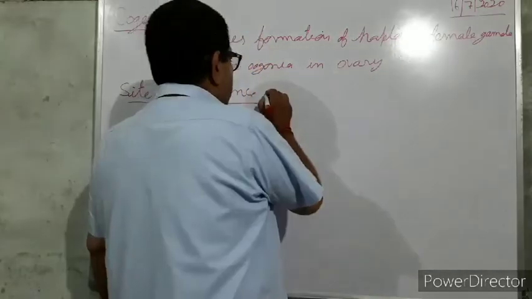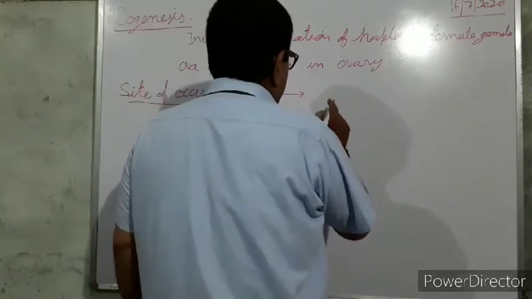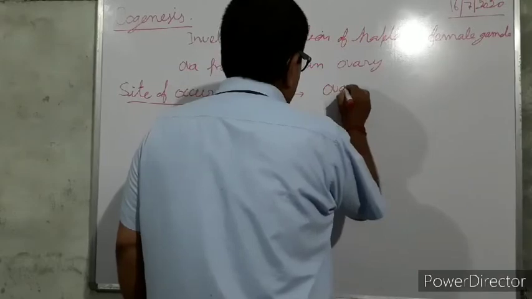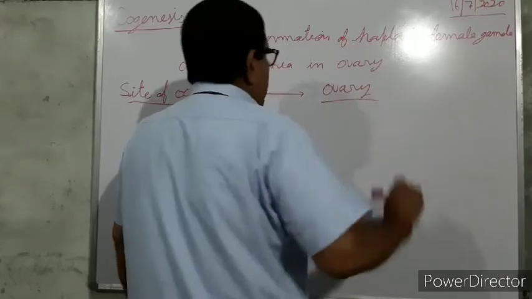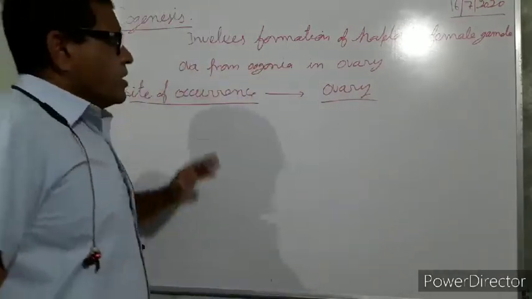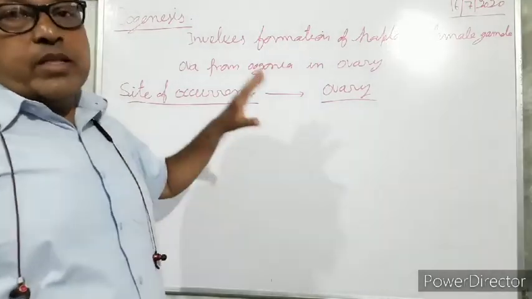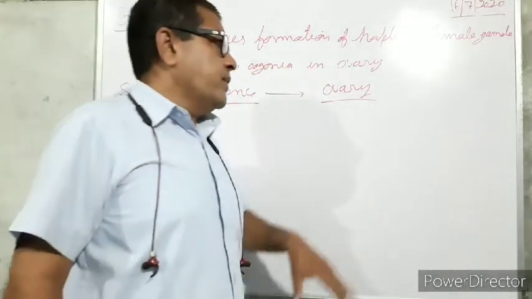This process takes place in the ovary. So, oogenesis process takes place in the ovary.